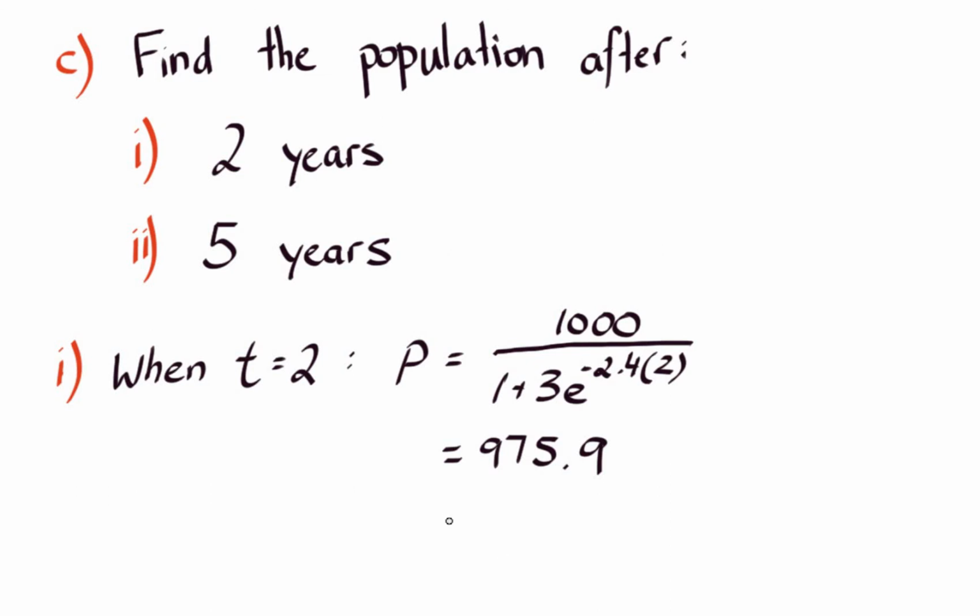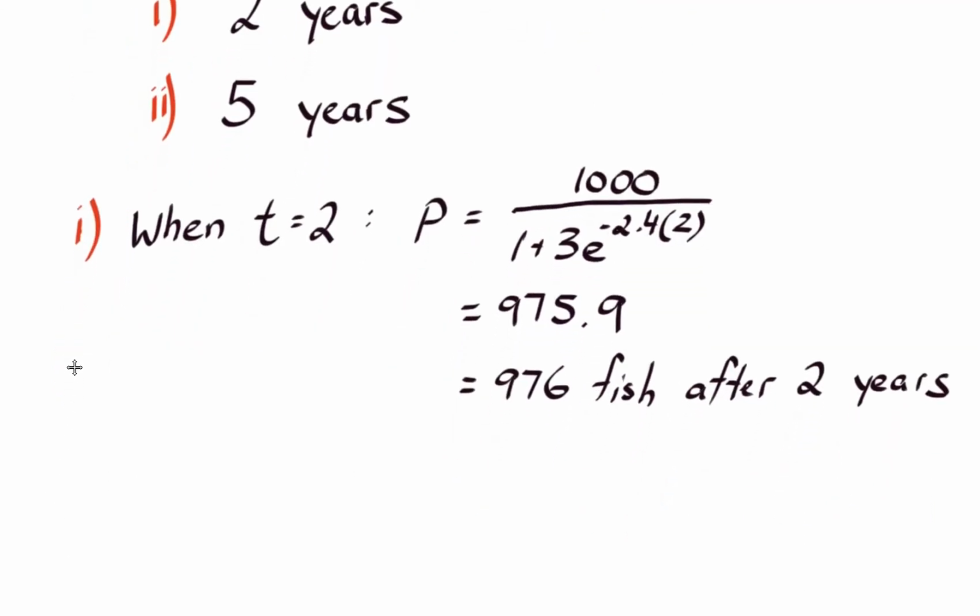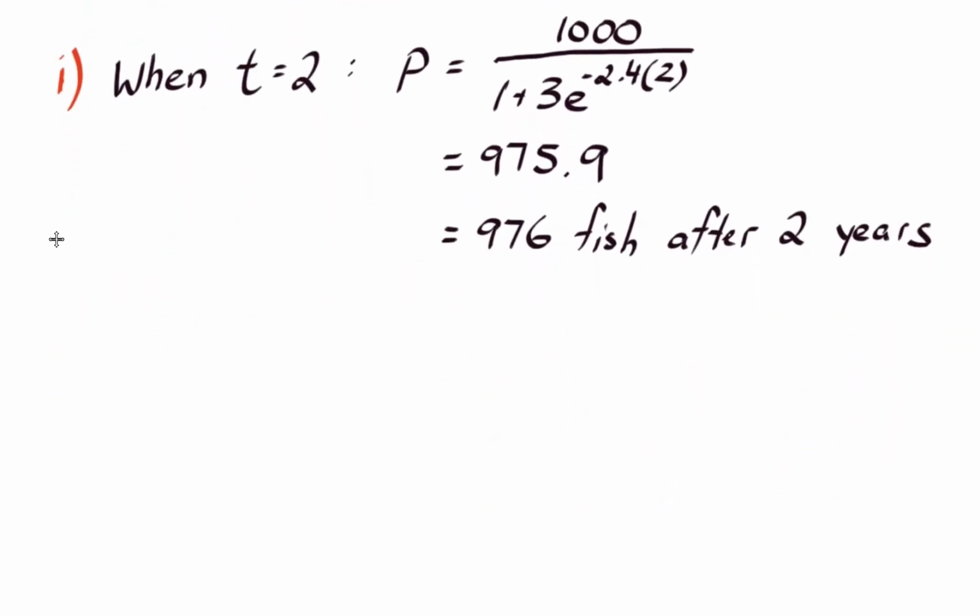Okay, so let's say that because we're talking about fish here, about population, that after 2 years, there's about 976 fish after 2 years. Okay, what's it going to look like after 5 years? So for part 2, we want to basically do the same thing, but now we're substituting in 5.